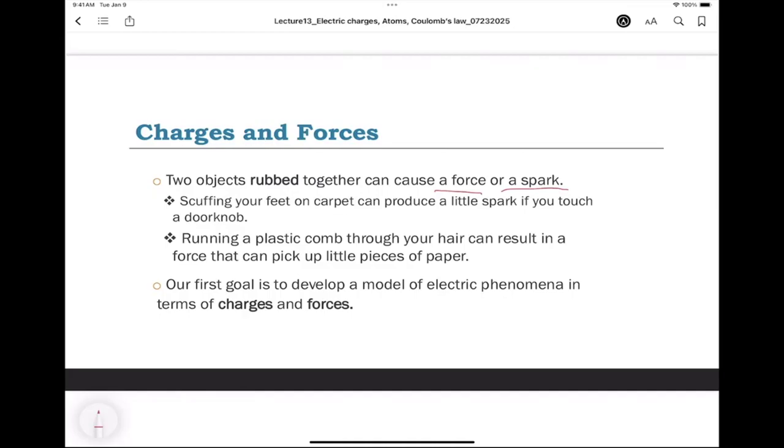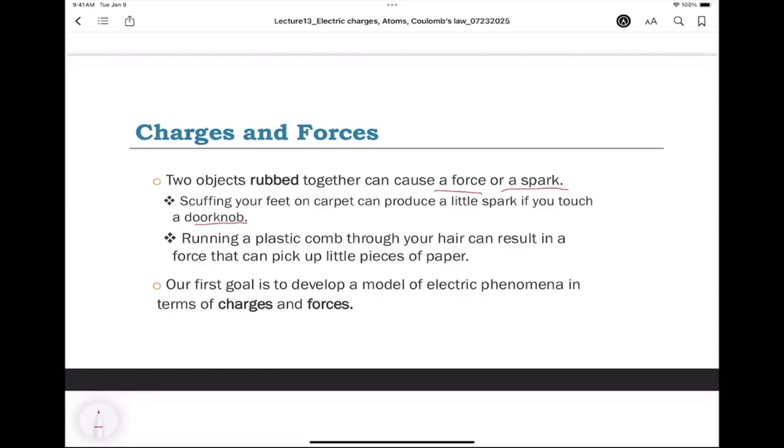And scuffing your feet on a carpet can produce a little spark if you touch a doorknob. You can try that, especially in winter because it is very dry.